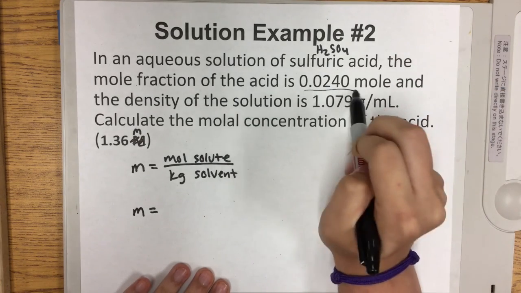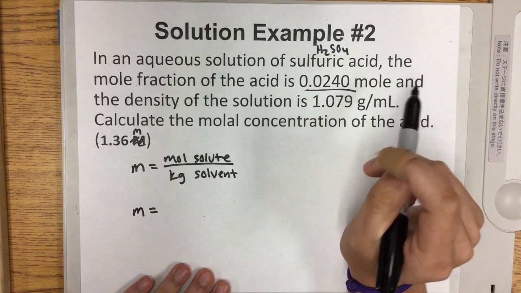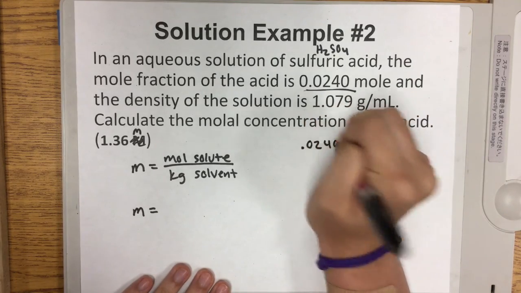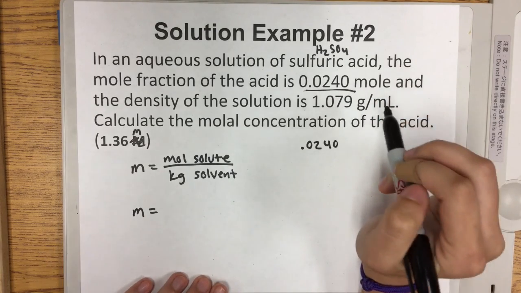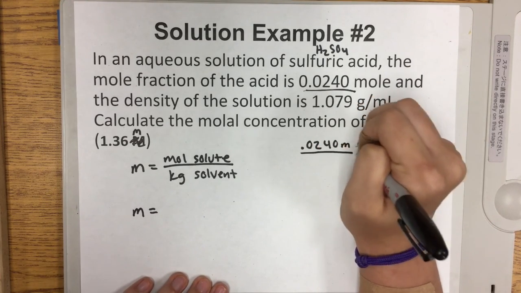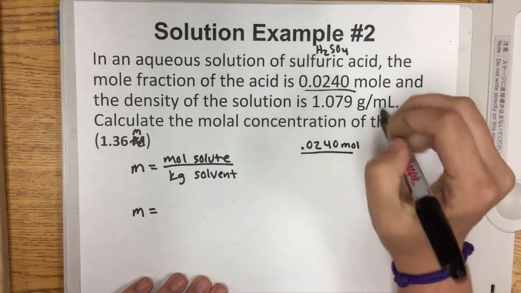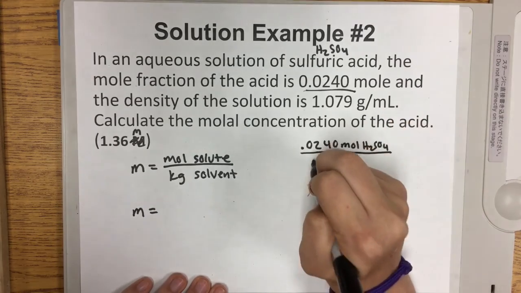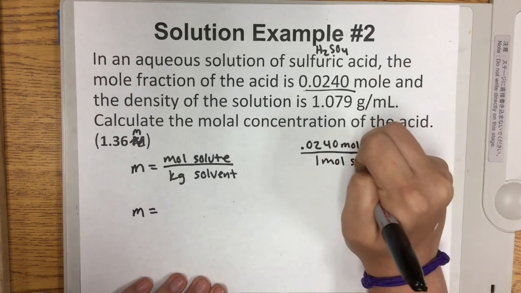So if we're given 0.0240 as the mole fraction, knowing that this is 0.0240 moles per 1 mole of solution, you would have 0.0240 moles of solute, which is the H2SO4, over 1 mole of the solution.